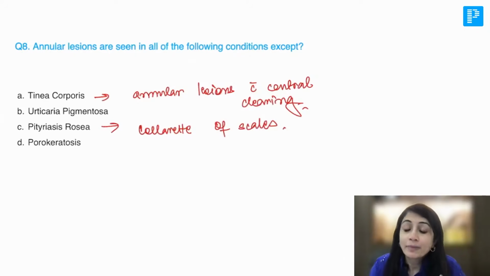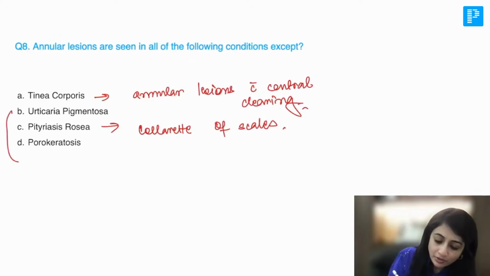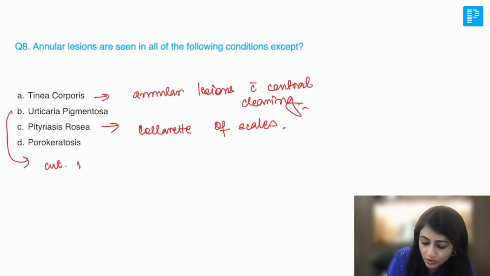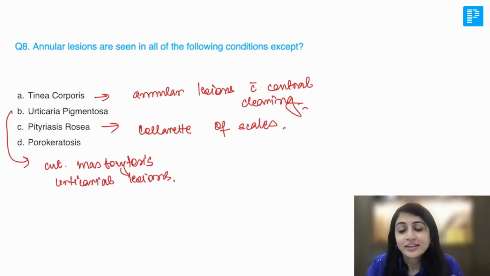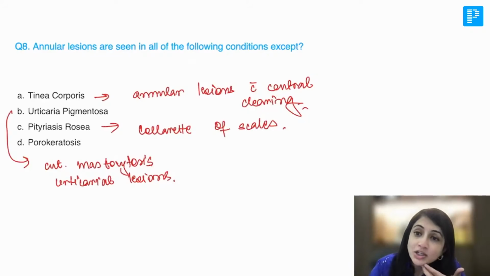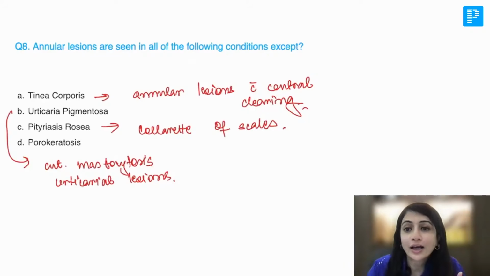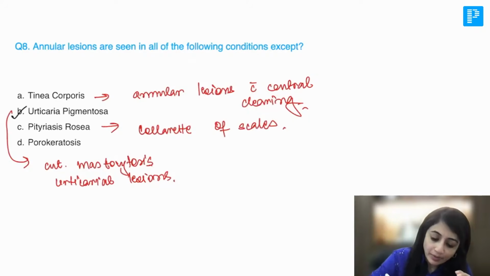Urticaria pigmentosa, if you all remember, is a form of cutaneous mastocytosis which presents with urticarial lesions. And urticarial lesions are not annular. They are wheals. They are erythematous, edematous, itchy, evanescent, but they're not annular. So here the answer would be urticaria pigmentosa.